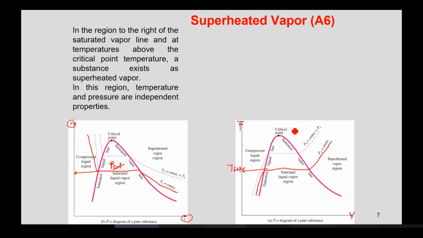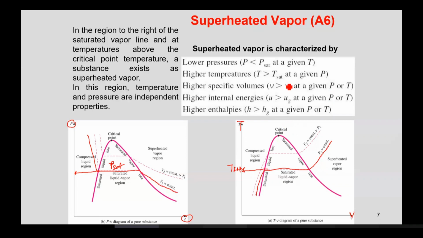So if you have pressures, any pressures which are less than this saturation pressure for a constant temperature, this line is in the superheated region.